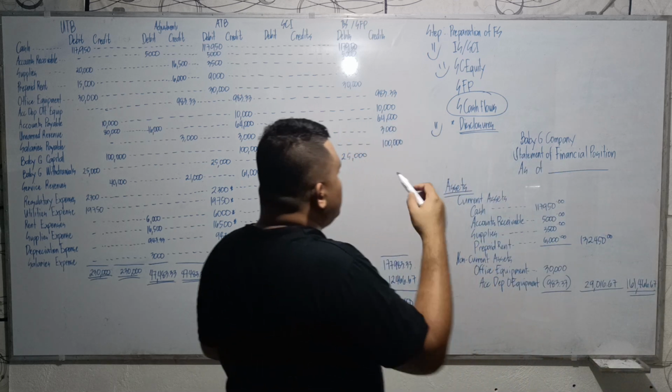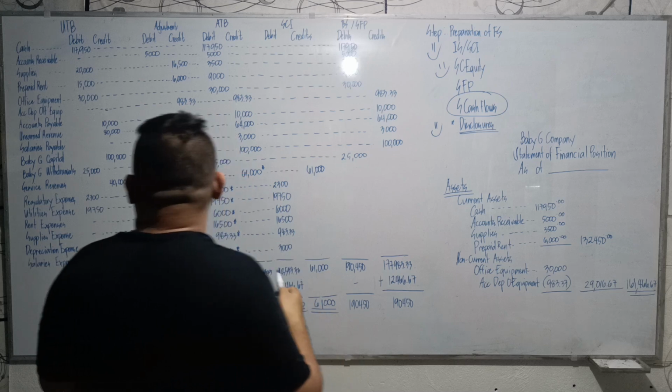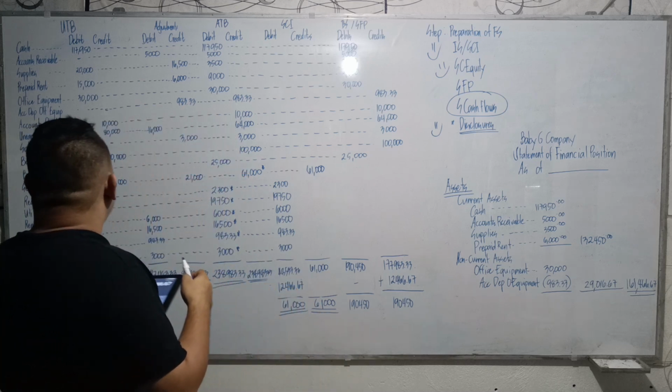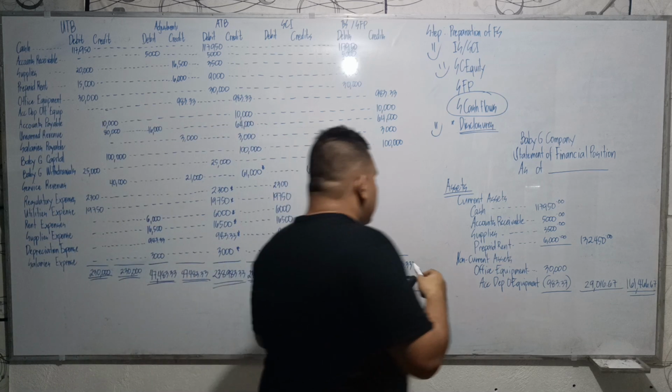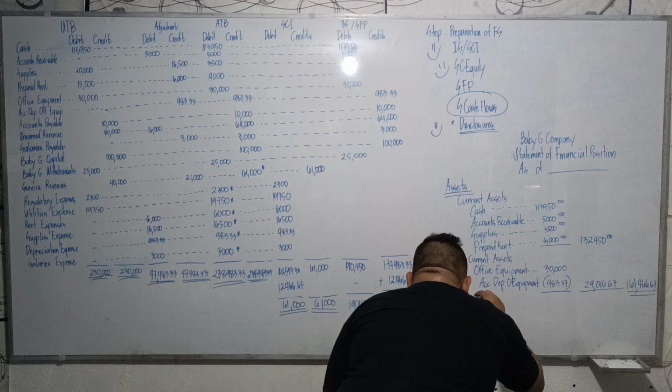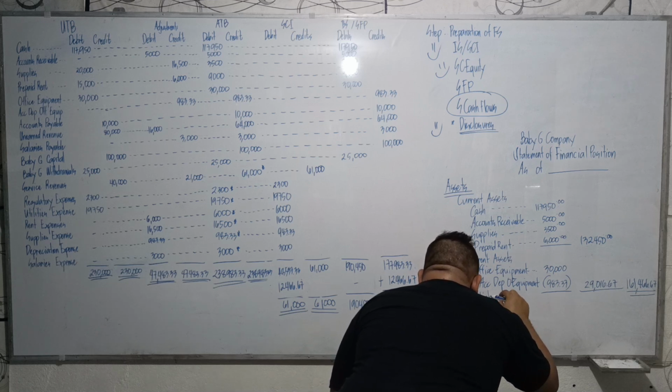So of course, we're gonna go with liabilities. And I guess we have three types of liabilities right here. So let's start with current liabilities, although I guess all are current.